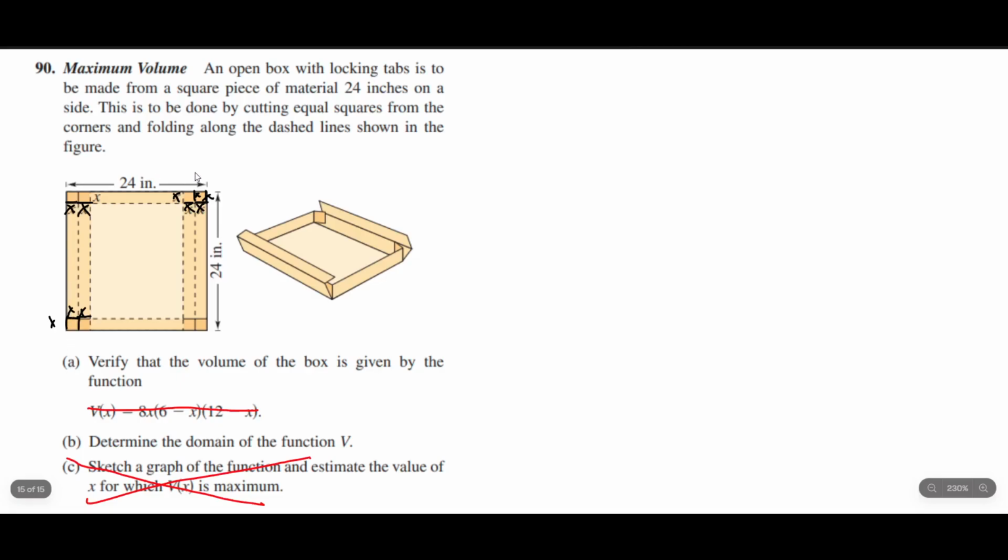Let's step back again. The length and width are the same in this problem. In the last problem, I spent about 3 minutes talking about the big difference between length, width, and height, because some people don't know how to properly present dimensions, and that length is the longest side.